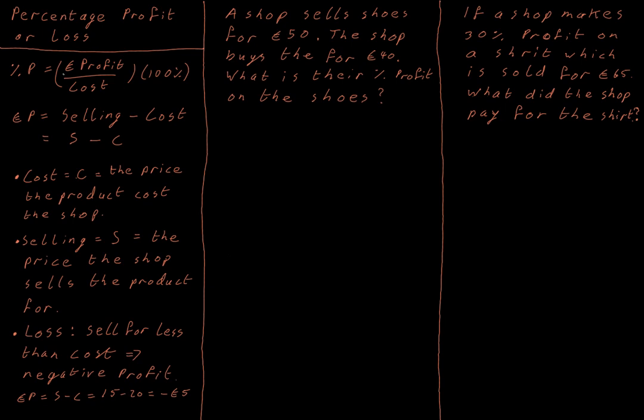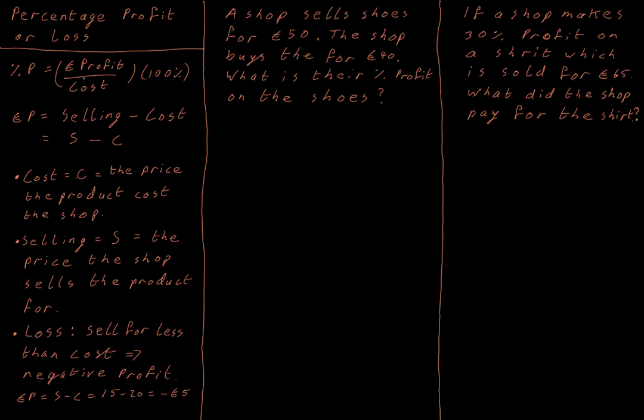Now the formula that I have written here is on our course, and that's why I've written it down. Any percentage profit and loss questions can be handled using the unitary method, and I'm going to show you that as well. But as for this formula, percentage P for percentage profit is the profit in euro divided by the cost of the item in euro, multiplied by 100%.